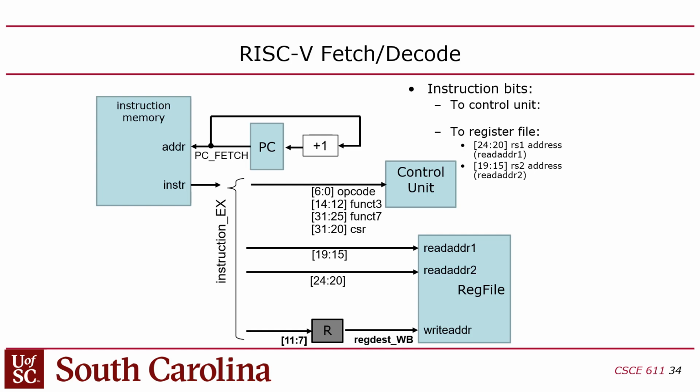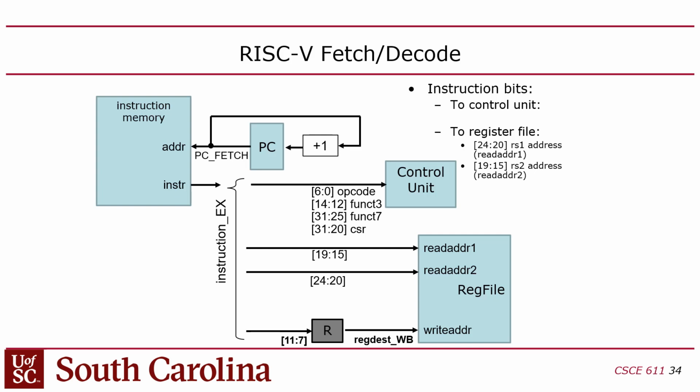If we wanted to make an Arduino style single cycle processor, then that would have to be combinational logic, right? It would have to be asynchronous, right? But because the fetch is a whole clock cycle, it's always_ff. And then once instruction EX comes out, it needs to get broken into fields, which you can give names to.